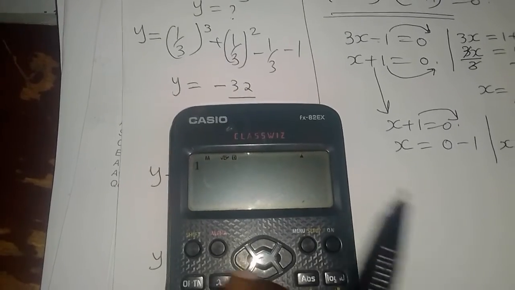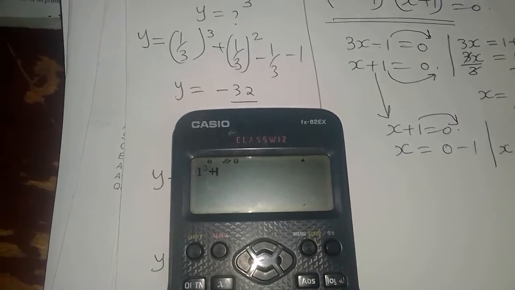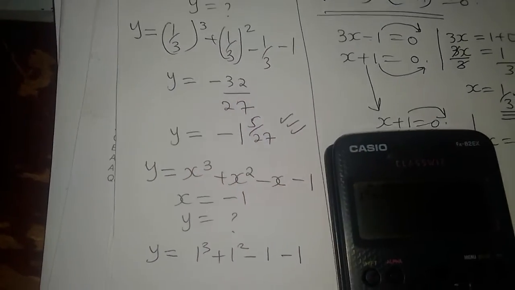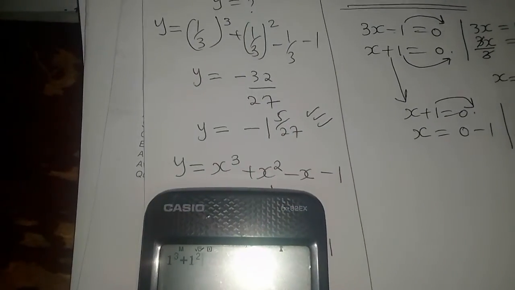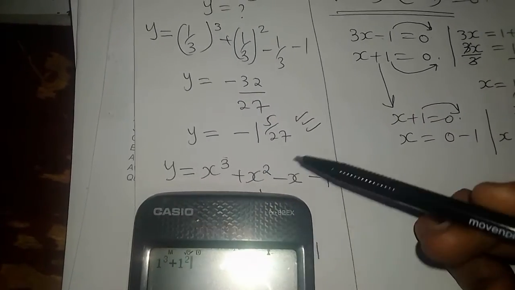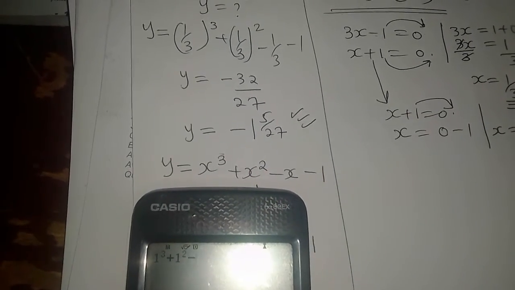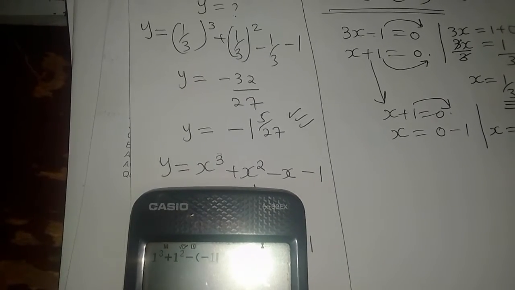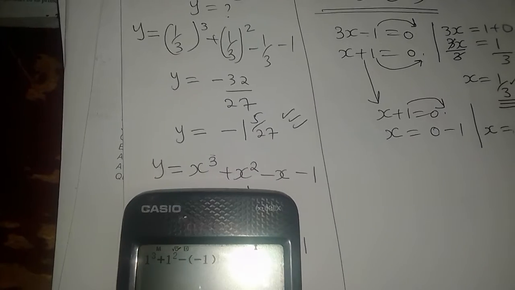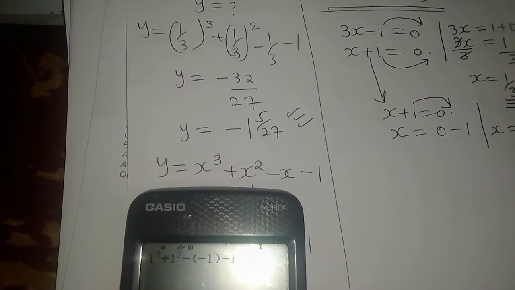So 1 cubed plus 1 squared. Okay, it is here. I'm just replacing. So 1 cubed, then 1 squared, then minus, open bracket, negative 1, close brackets, then again I say minus 1.